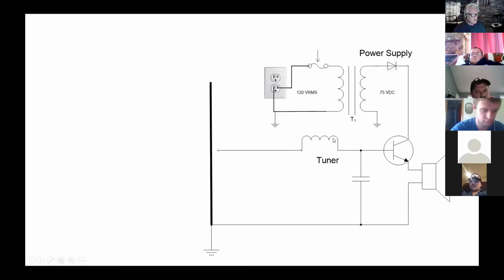That only allows that little notch of frequencies that I wanted to get through. Again, the voltage being induced in this antenna, that's what this piece of wire is, the antenna, does not have enough power to drive the speaker.